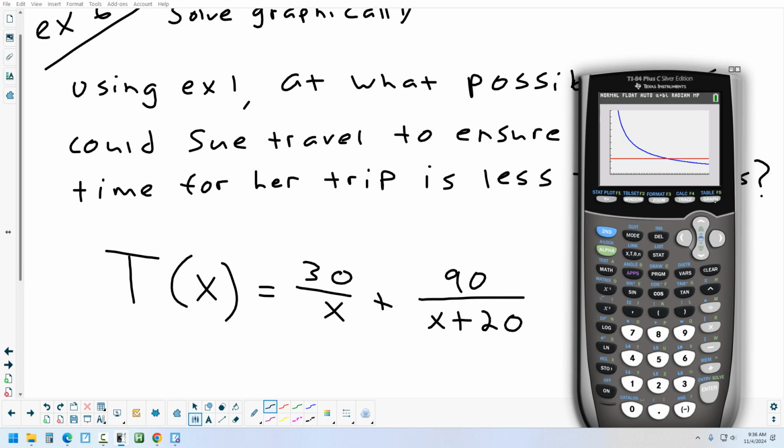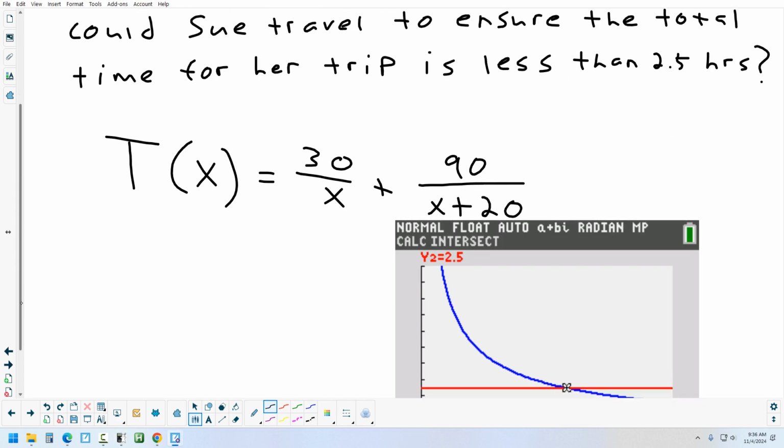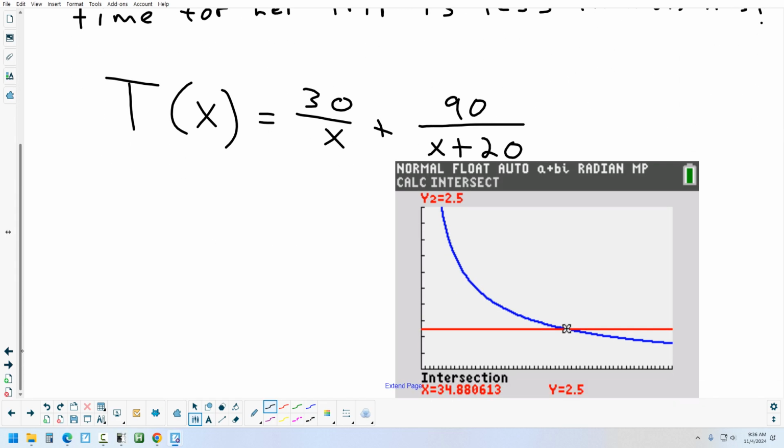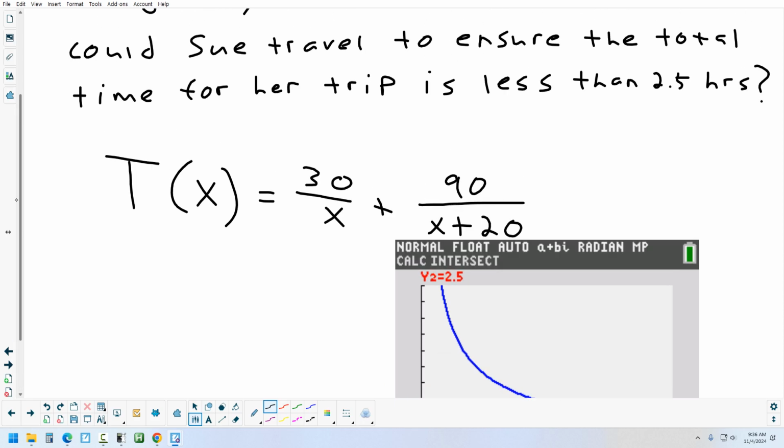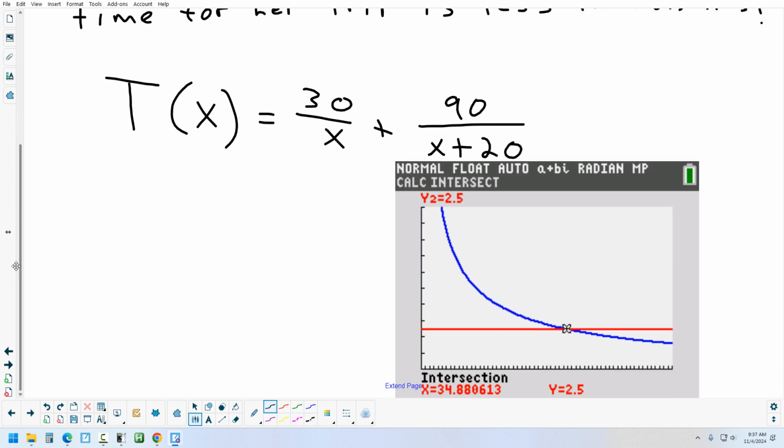Still going to find the intersect. So with an inequality, there really hasn't been anything different yet. What's different is how we write the answer. That's the speed for her to complete the trip in exactly 2.5 hours. But she wants to complete the trip in less than 2.5 hours.